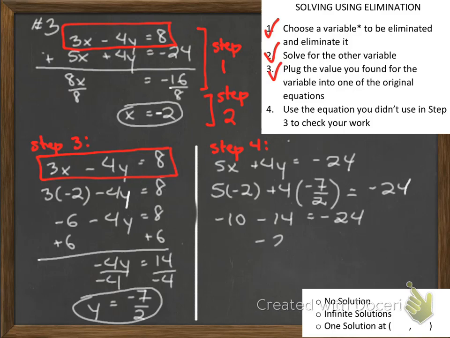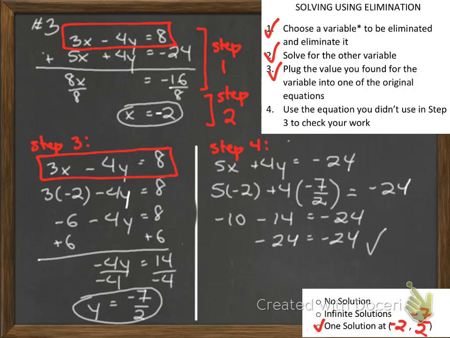So we end up with a statement that says negative 24 equals negative 24. That's true, it checks out. Now I can be confident that I have the right solutions. So my final answer is that there is one solution at negative 2, negative 7 halves.